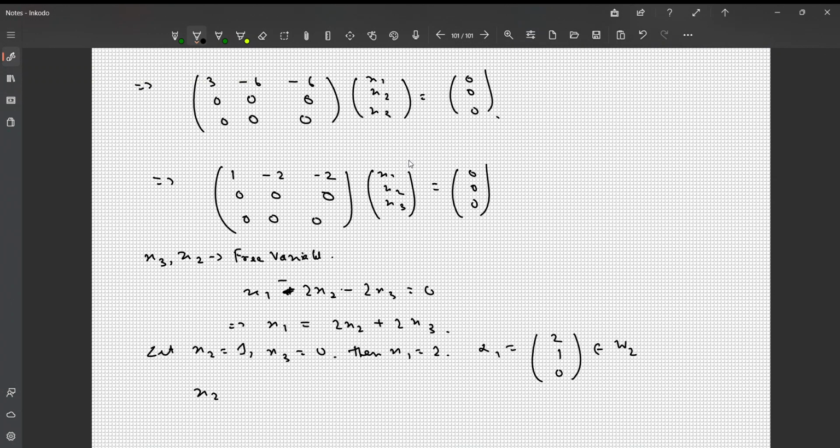On a similar basis we choose x2 to be 0, x3 to be 1, and eventually x1 comes out to be 2 as well. We consider this vector as alpha 2, so it's 2, 0, 1, and this is also in W2. So we have two column vectors, 2, 1, 0 and 2, 0, 1, in W2.